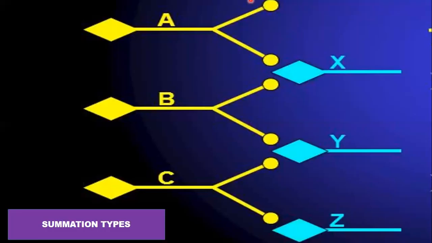So we can say here that neuron A and B converged on the neuron X. If A and B discharge one after another, then there is no excitatory postsynaptic potential.